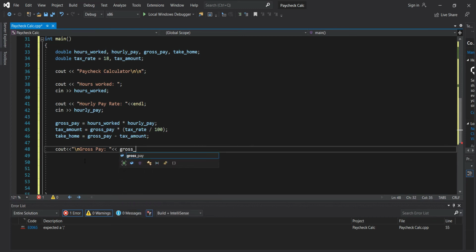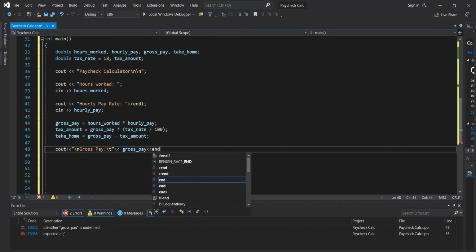Alright, we have our gross pay right here. This shows our value. So what we can do is we can have a tab here. Tab, new line. End line.